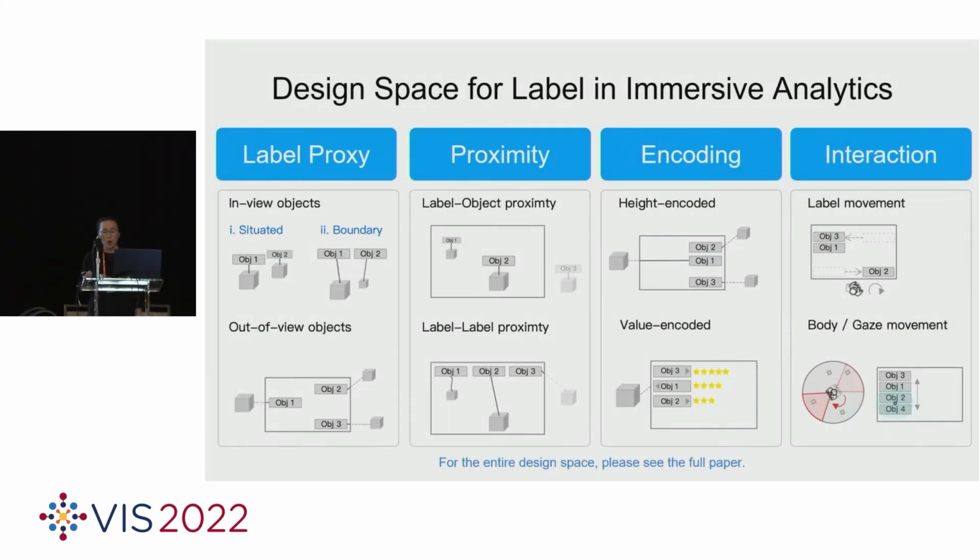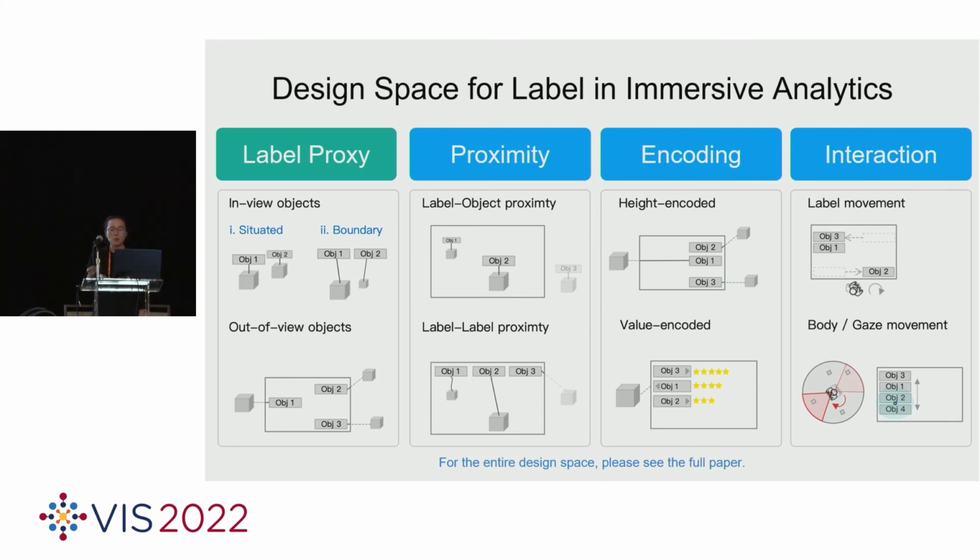Following the identified goals and tasks, we systematically classify 4 factors that go into the design space of AR labels. Here, I will give you some examples under each dimension. For the entire design space, please see our full paper. So first, we consider how the objects are represented with the label proxy.